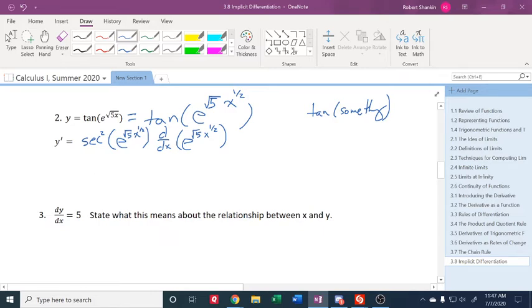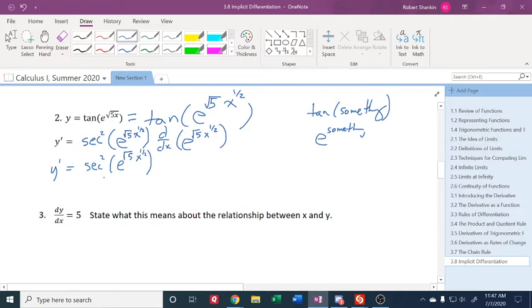Okay, now when I take this derivative, this is now e to the something. Think of just the outermost function.